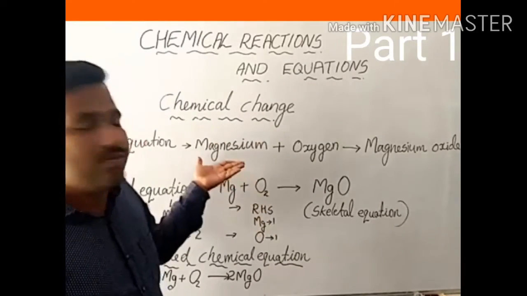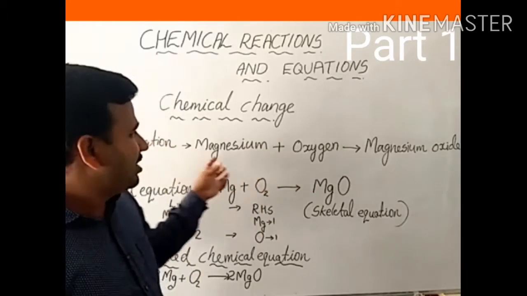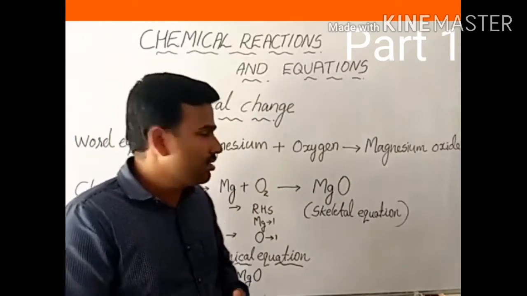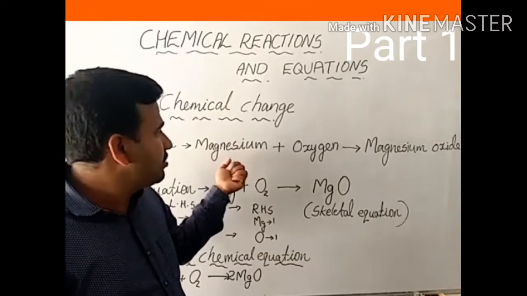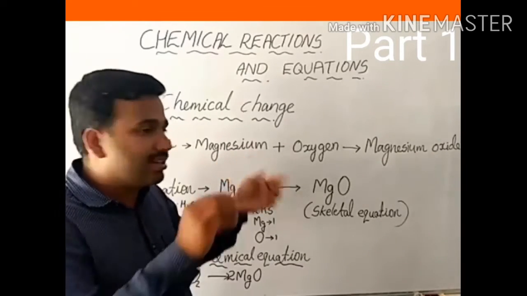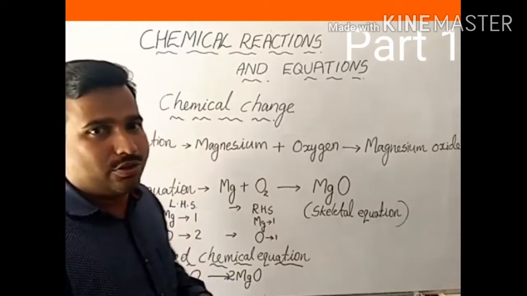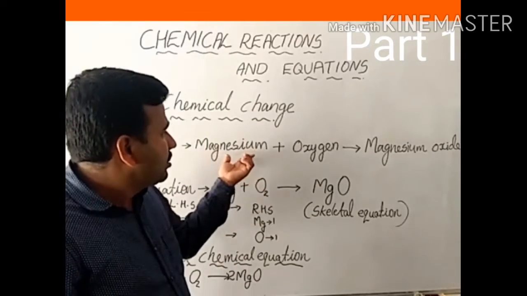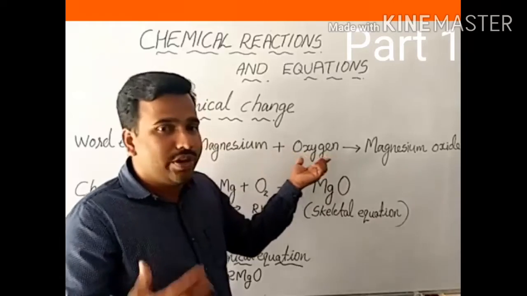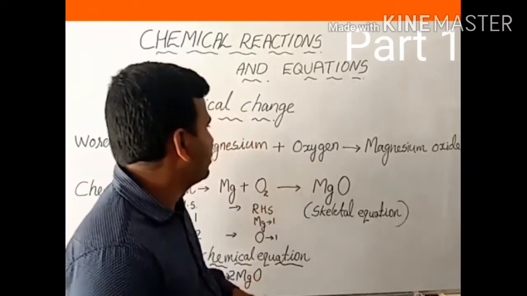So for example, we have seen in the last video when we burnt magnesium ribbon. When you take magnesium ribbon and clean its surface with a sandpaper in order to remove the magnesium oxide layer, and as you heat it, what happens?